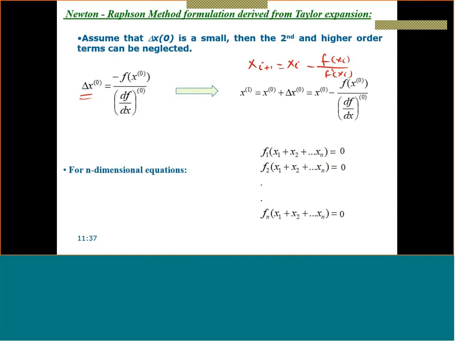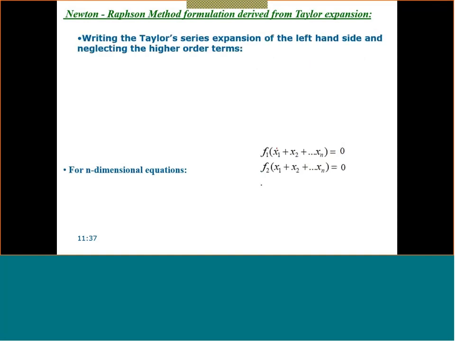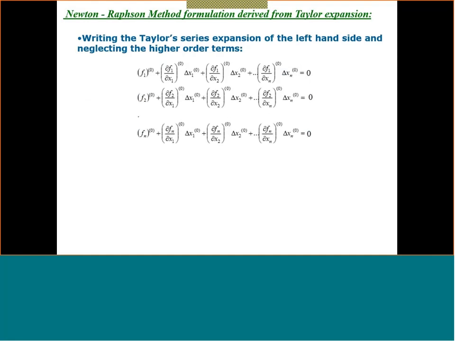Okay. So now I'm trying to estimate the formulation for the Newton-Raphson. How to do that? Now I will expand. Each one will have its own Taylor expansion. So I will show you the Taylor expansion, but after the truncation of all terms higher order than the first derivative. If we do that, these are the Taylor expansions. This is for the first equation, the second, and here is the nth equation.